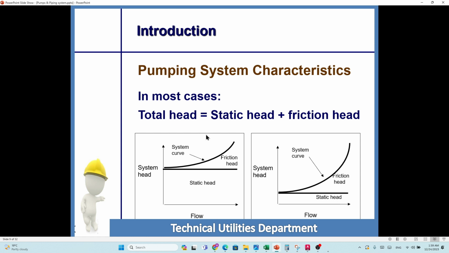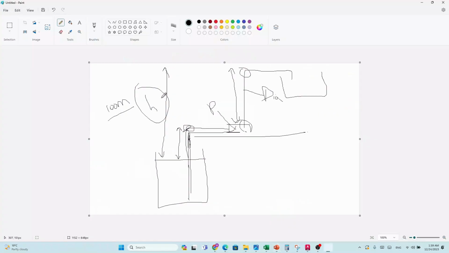So this is the behavior of water. So the total head would be like this. Now, I just gave you an example of 100 meters. The pump pressure or head should be more than 100 meters to cover this overall. This is only the static head. The static head for this particular case is 100 meters plus the dynamic head.